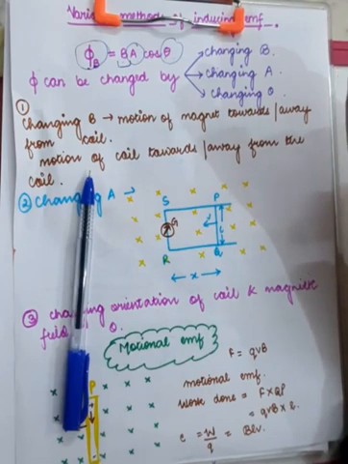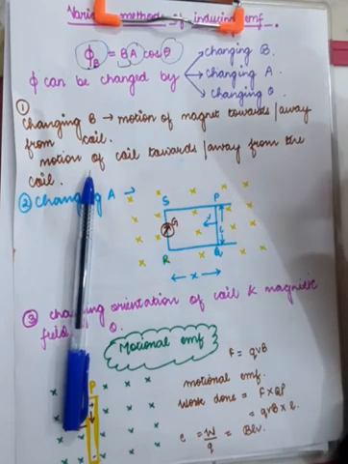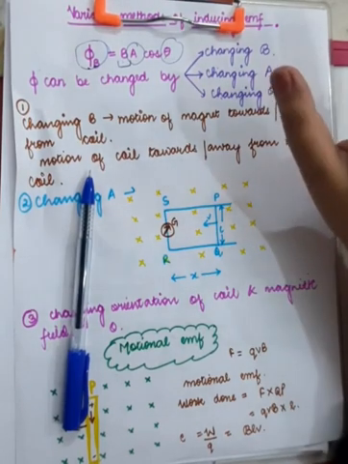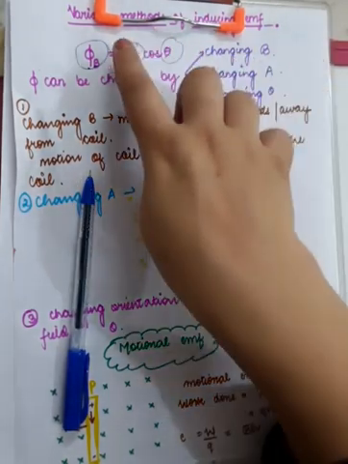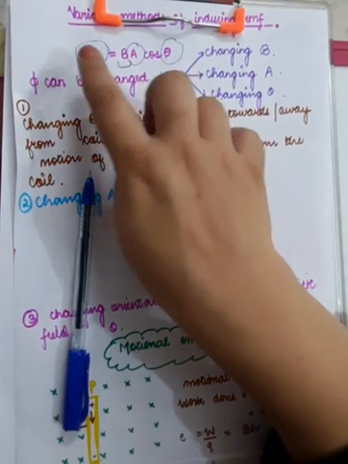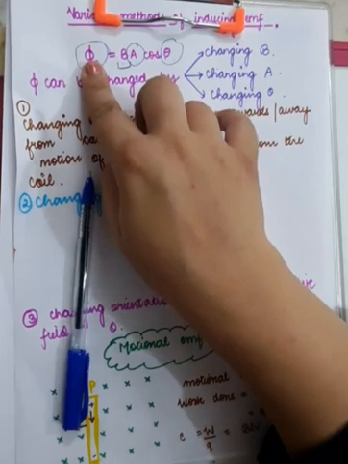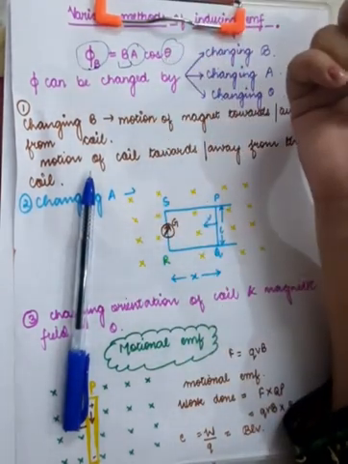B is equal to mu naught n i. But when the key K was released, then the magnetic field became zero. So these are the things by which you can change magnetic field in the circuit, and when you change magnetic field, you will change magnetic flux. When you change magnetic flux, you are going to induce current or EMF in the circuit.